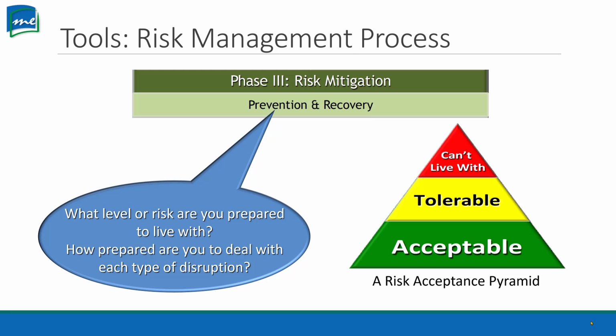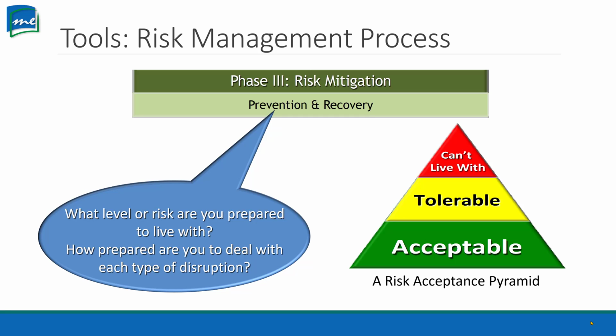So let's look at phase 3, the mitigation. We have prevention and recovery. Most areas have an emergency operations center in their county and in the state. Some share it with other counties, they go combined, but they're looking at prevention and the recovery.